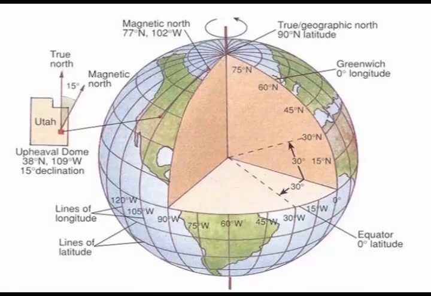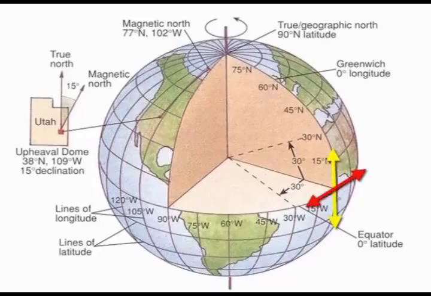You see, the prime meridian is given angle 0 east or west. At the center of the Earth, if you measured an angle of 30 degrees west of the prime meridian, that line will meet the longitude 30 degrees west at the surface of the Earth. Same thing with latitudes. 30 degrees north of the equator will land you on the latitude 30 degrees north at the surface of the Earth.